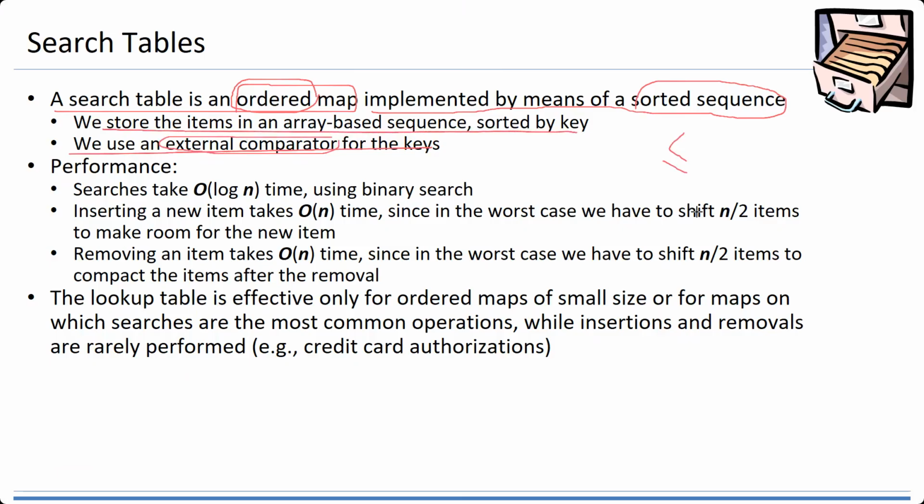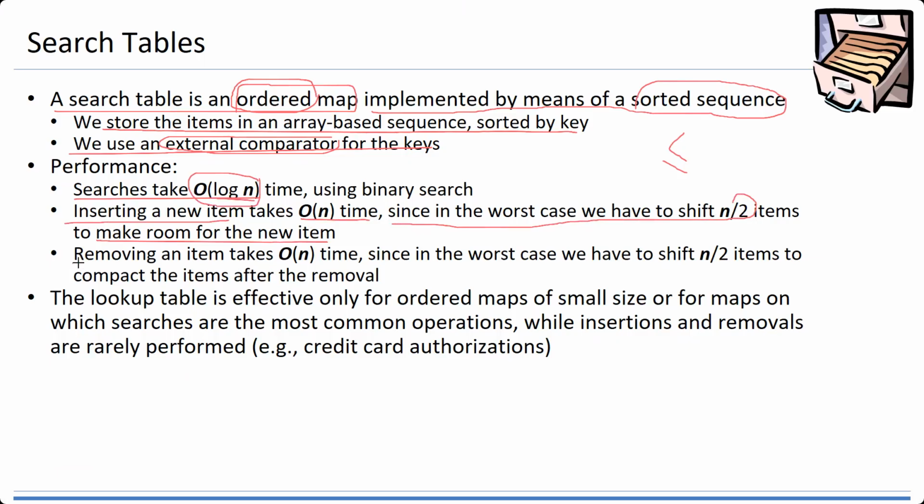As we know, if you search for a value, it will take O(log n). So you don't need to go n times, you can just do log n. When you insert a new item, it will take O(n), since in the worst case we have to shift n divided by 2 items to make room for the new item.